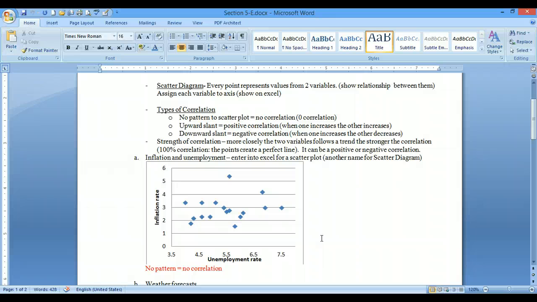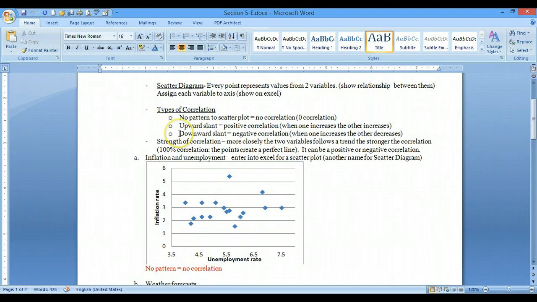If it actually creates a line, then it's a 100% correlation, or 1. Notice the no pattern was a 0. If all of the dots form a line, then it's a 100% correlation.